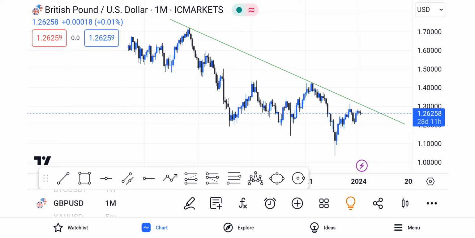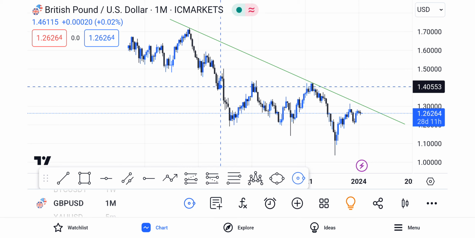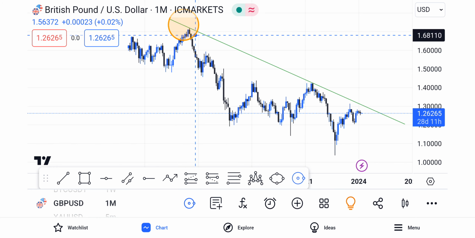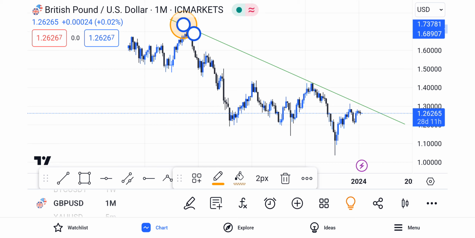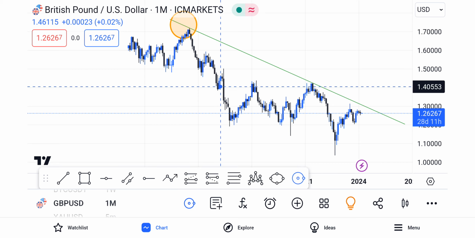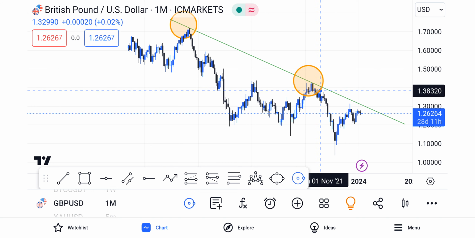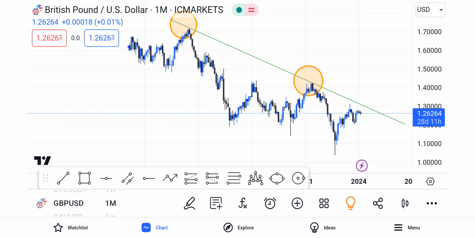So remember, we said for a trend line to be considered a valid trend line, it has to have at least two touches. So if you look at this chart right now, this is our first touch here. This is the first touch, and here we have our second touch, and that is a valid trend line.